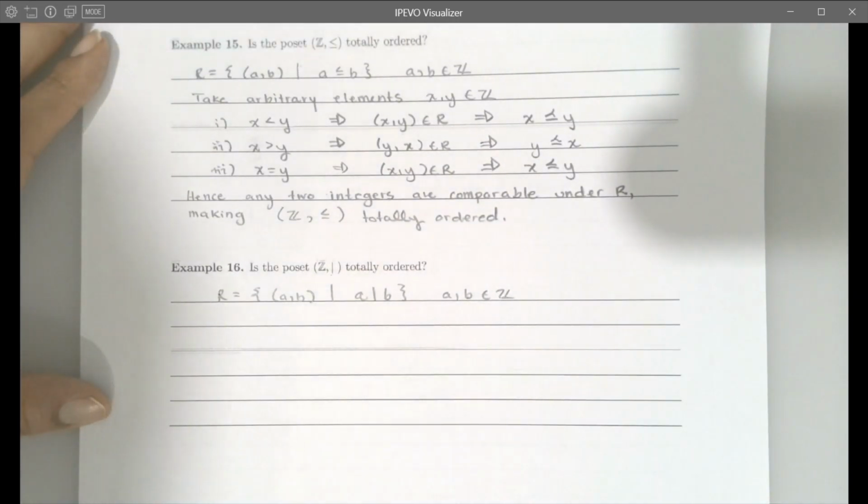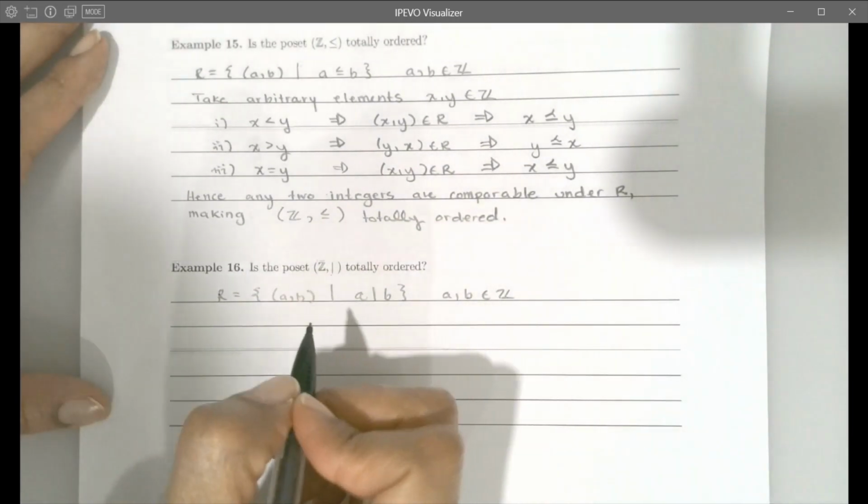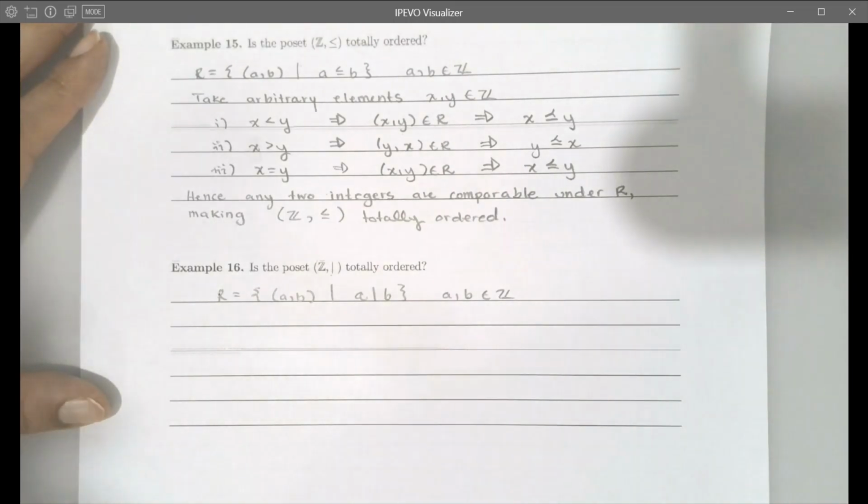And the answer here is no, because we already saw from example number, what was it, example number 14, that 5 and 7 were not comparable.